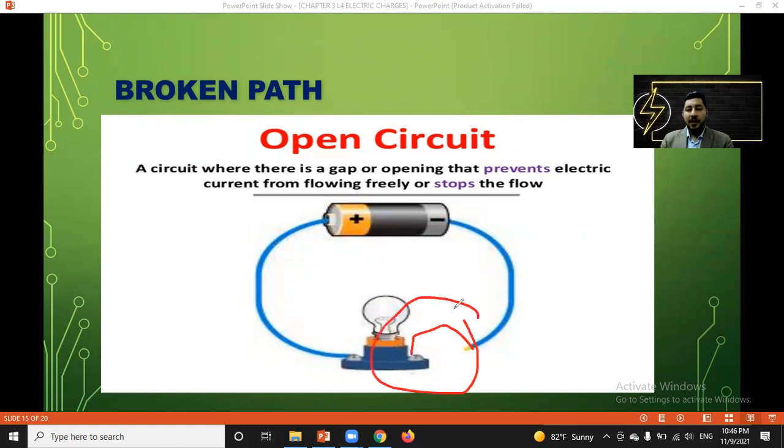So the cut wire represents a gap or a break in the circuit. Any open switch, any cut wire, any lost or missing light bulb could represent a break or a gap in an electric circuit. A circuit that has any gap or break is called an open circuit.